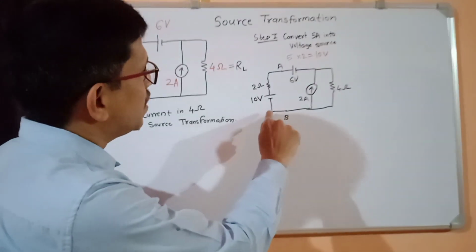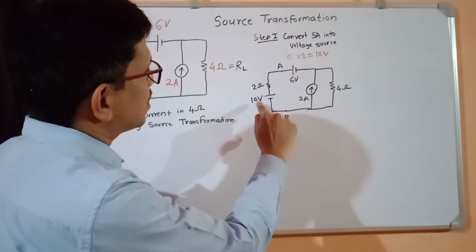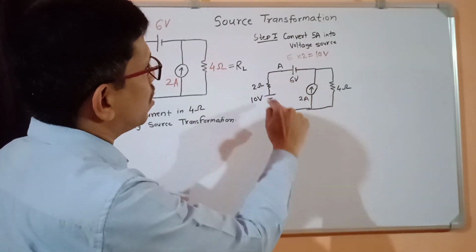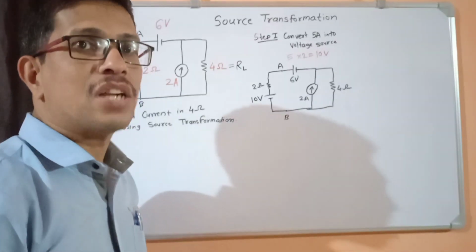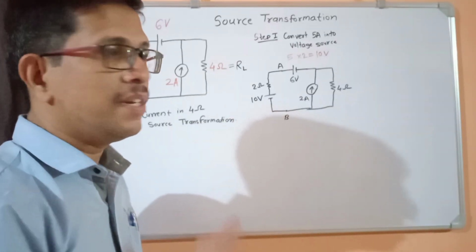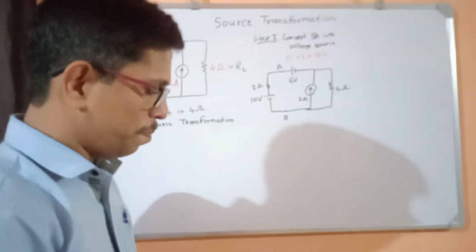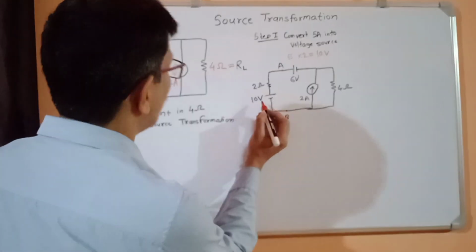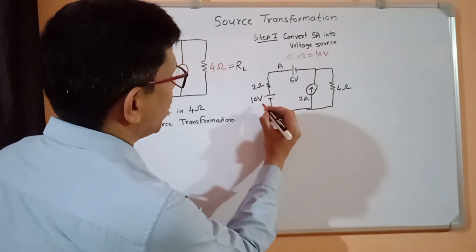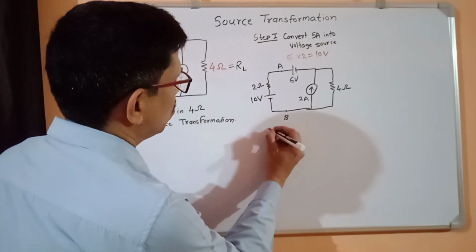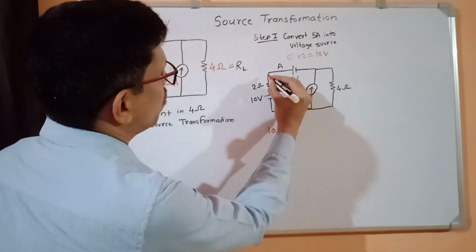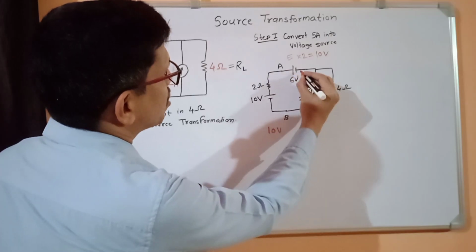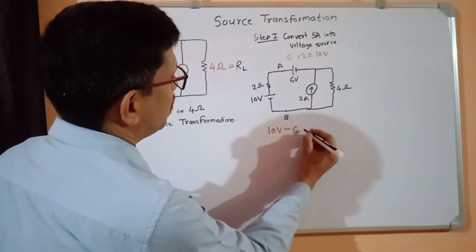Now if you observe here, 10 volt and 6 volt are in series, so we can add or subtract them according to their positive and negative plates. Moving from the 10 volt, we get 10 volt as positive, and then moving from positive to negative side, the 6 volt will be negative.